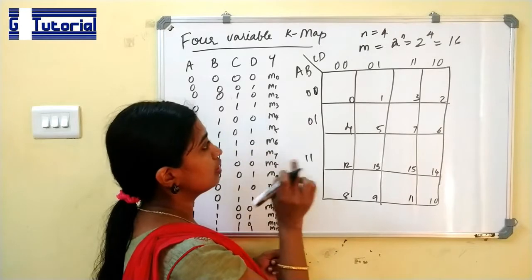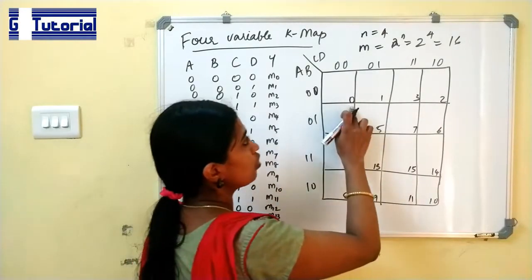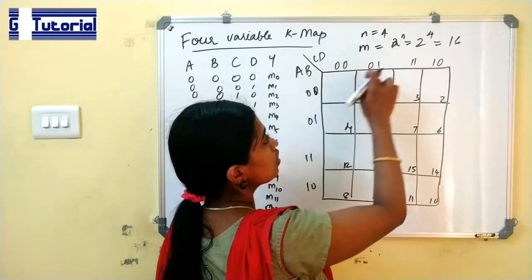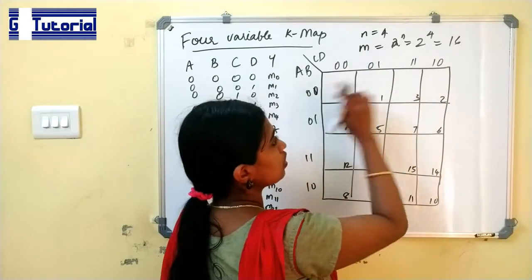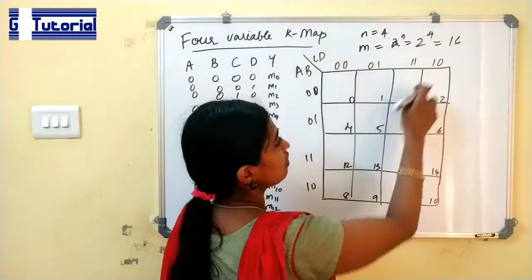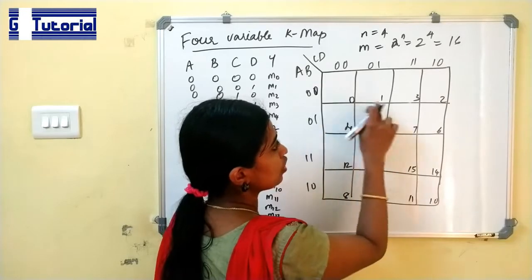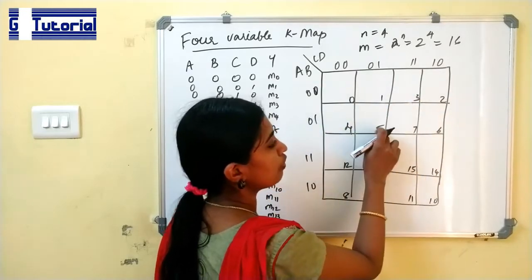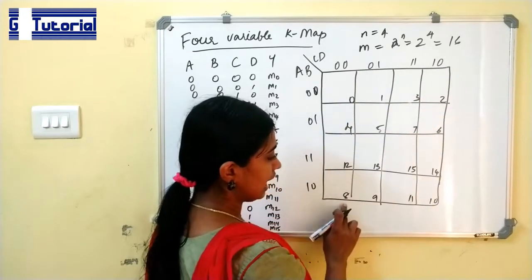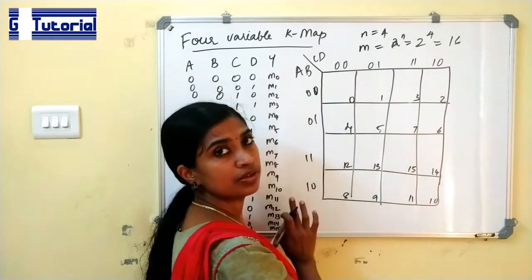So the decimal equivalent of this will be like 0, 0, 0, 0 is 0, 0, 0, 0, 1 is 1, 0, 0, 1, 0 is 2, which comes here. 0, 0, 1, 1 is 3. Similarly, 4 appears here. 0, 1, 2, 3, 4, 5, 6, 7, 8, 9, 10, 11, 12, 13, 14, 15.